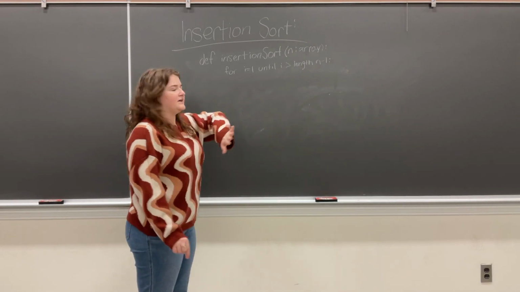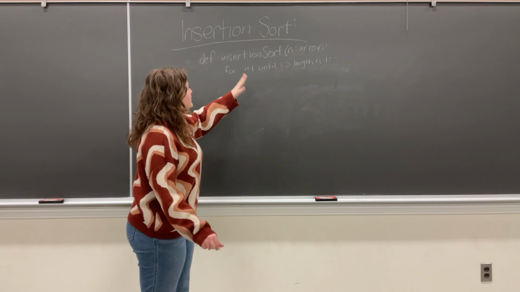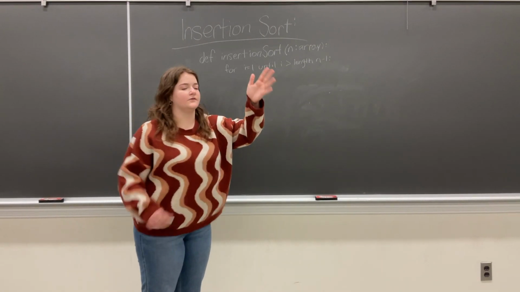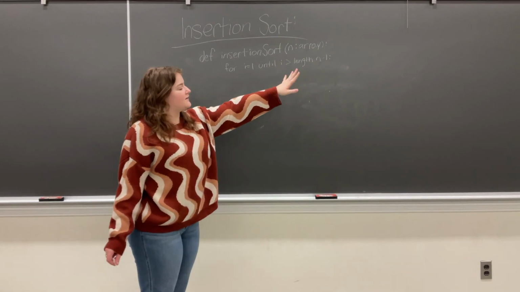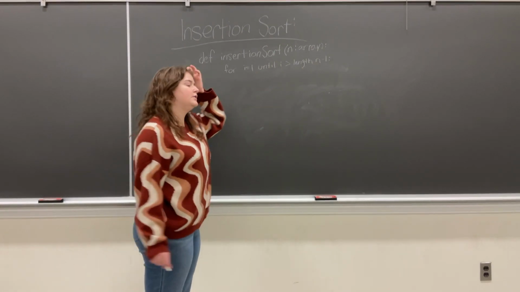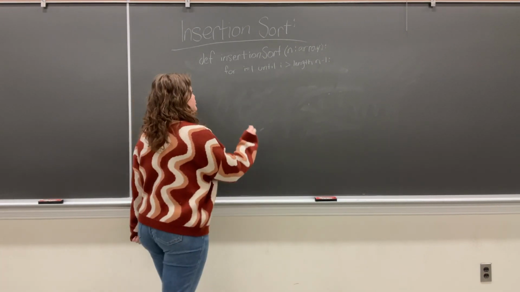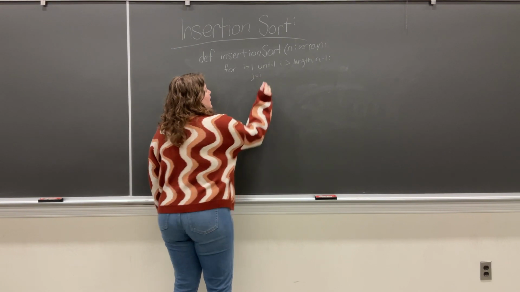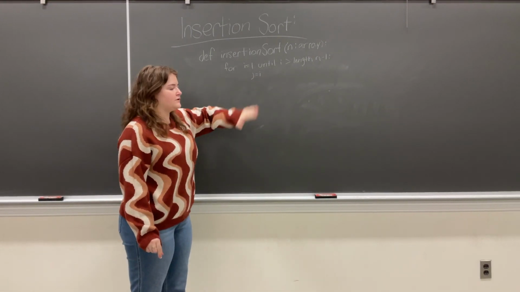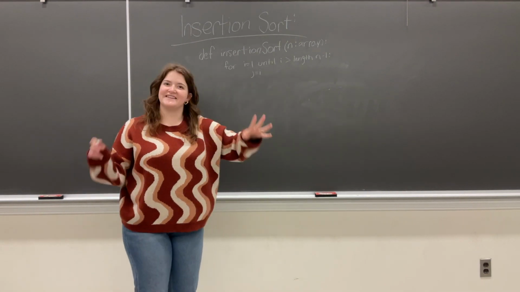You'll see later we're indexing n by the value of i, which is why we're not saying n of 1 until the end of the array. So for i equals 1 until i is greater than the length of n minus 1, we are going to introduce a new variable j, which is going to be set equal to i. And j is going to hold the value to the right of the number we're comparing the key to, which will make more sense in a second.